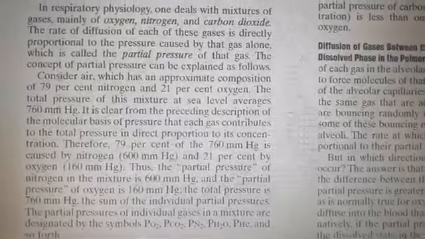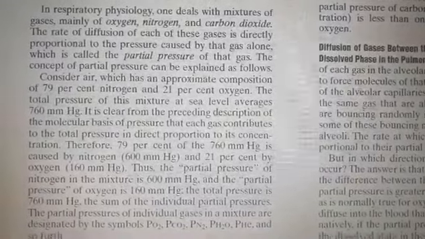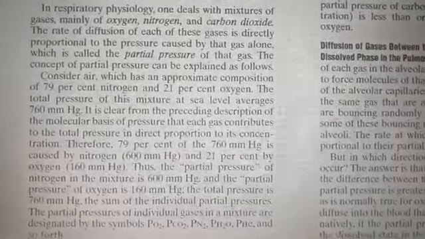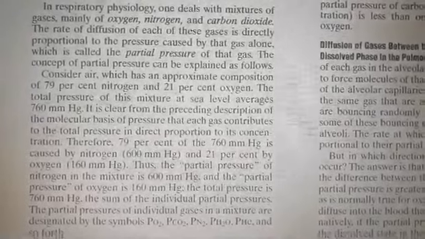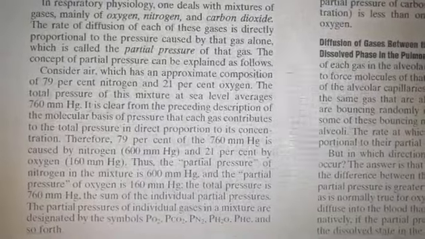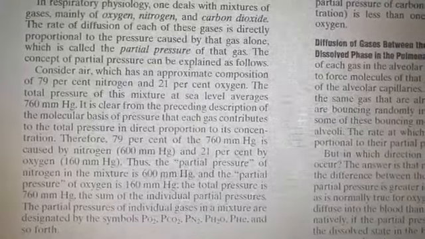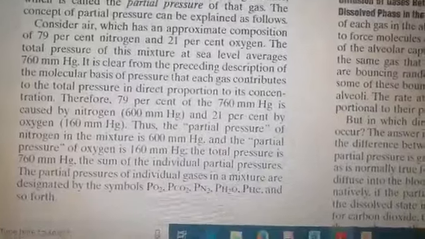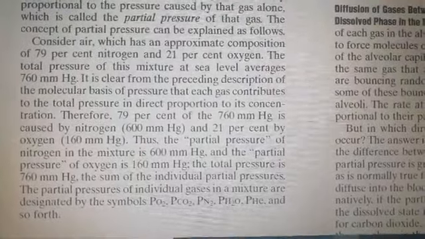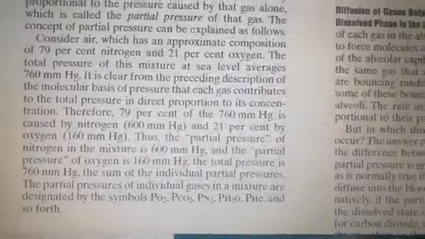So 600 millimeter of mercury is contributed by nitrogen, which is 79% of 760 millimeter of mercury, and the contribution of oxygen is 160 millimeter of mercury. That is 21% of 760 millimeter of mercury. So 600 plus 160 is equal to 760, and you can label the partial pressures of oxygen, carbon dioxide, nitrogen, water, helium, and so forth like this.